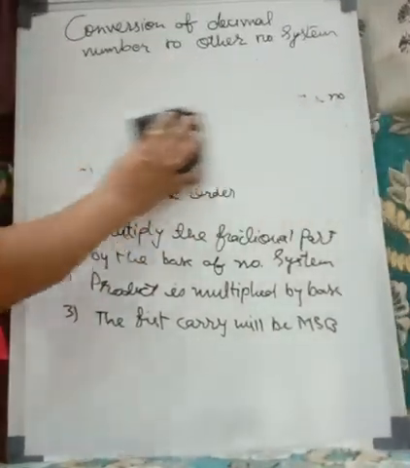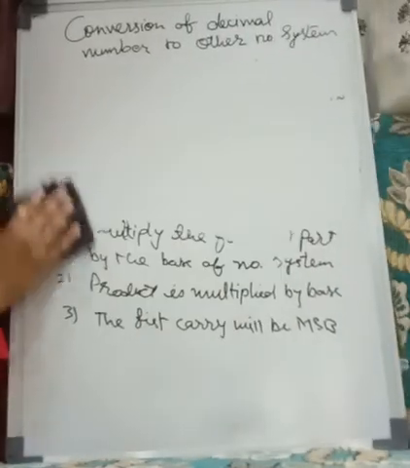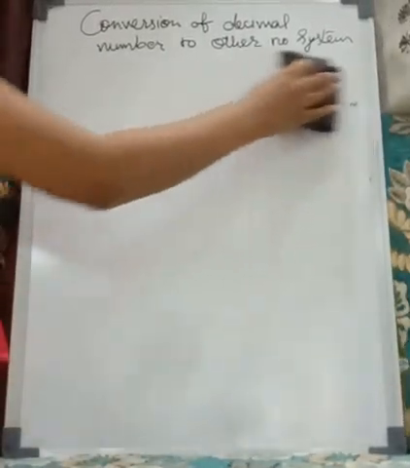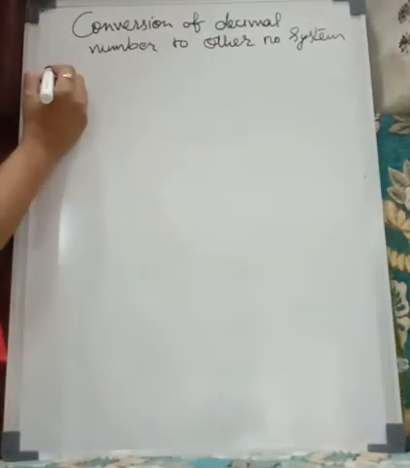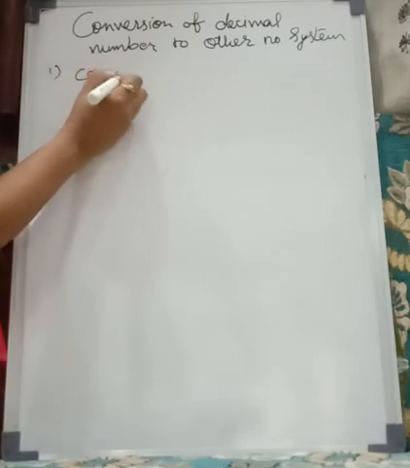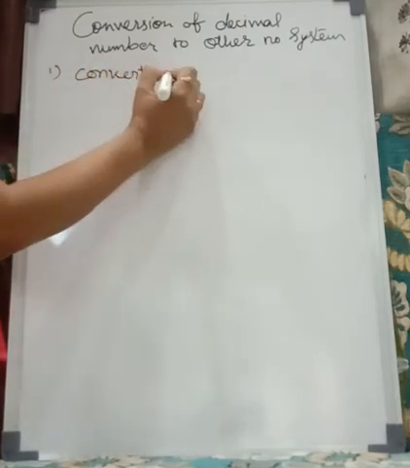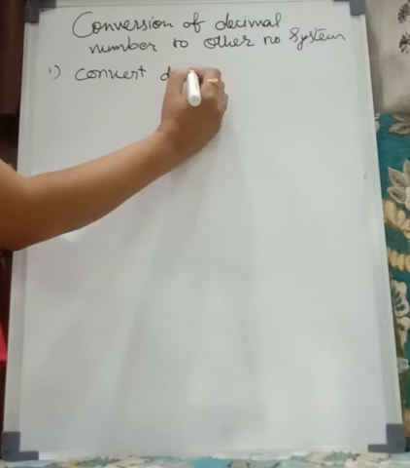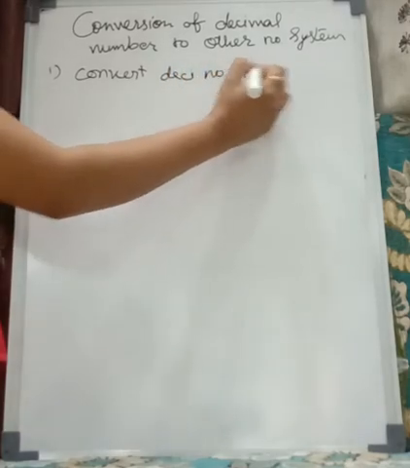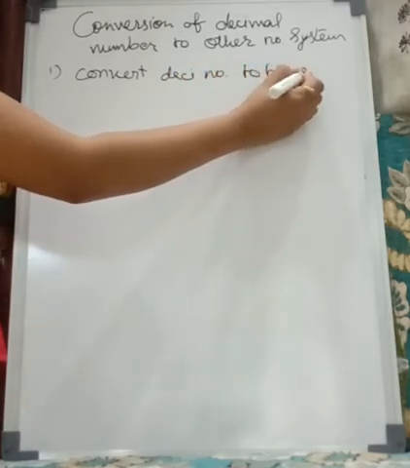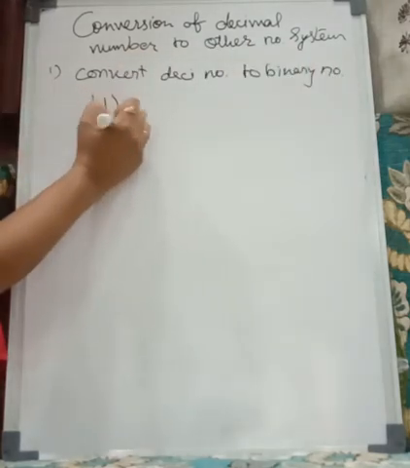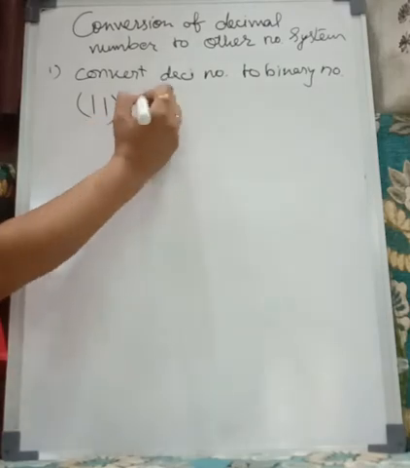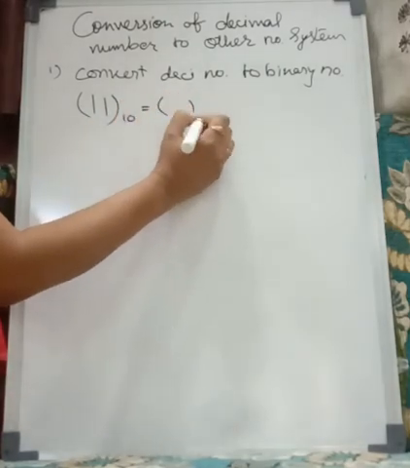First, we'll take the conversion of a decimal number into the binary number system. Suppose we have the number 11 base 10 and we have to convert it into a binary number.